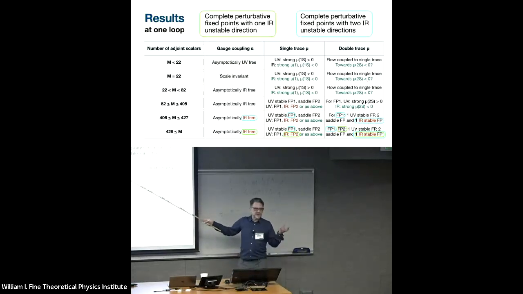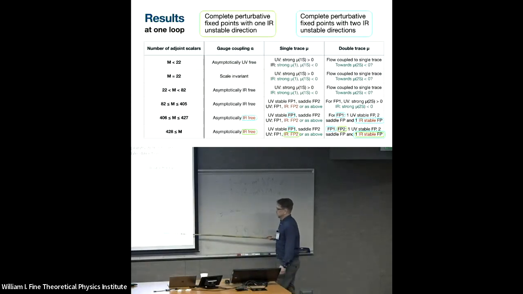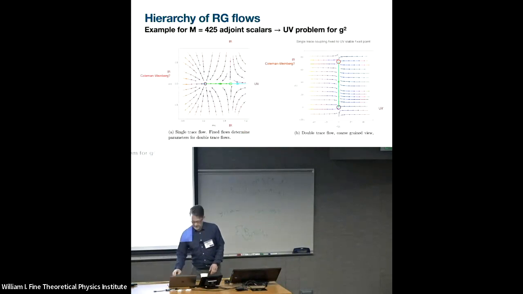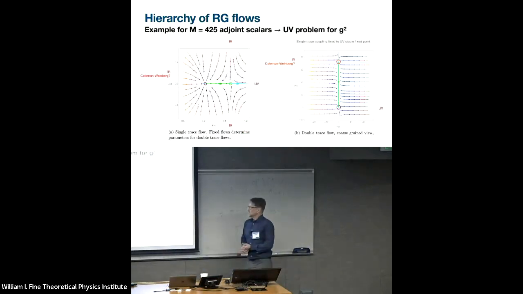There's no one that is completely stable, but there's one unstable direction for the green ones and two for what we call cyan colored ones. For what that's worth, all of these have unstable directions. But you can, if you wish, sit on a fixed point.